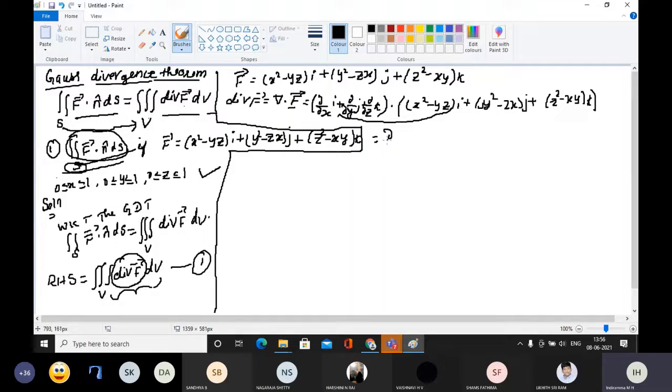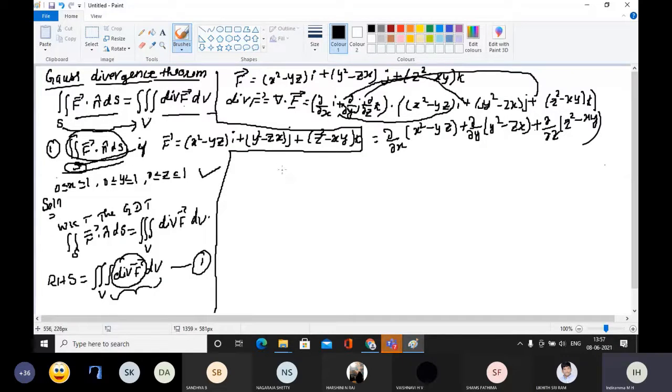Therefore we obtain dou by dou x of (x square minus yz), plus, since j dot j is 1, dou by dou y of (y square minus zx), plus, since k dot k is 1, dou by dou z of (z square minus xy).